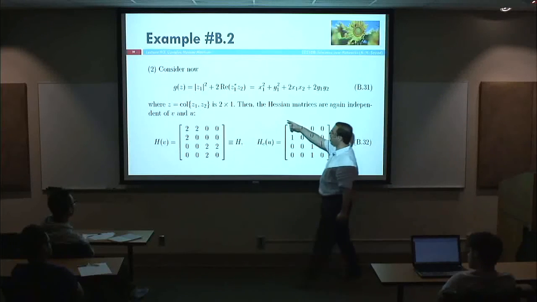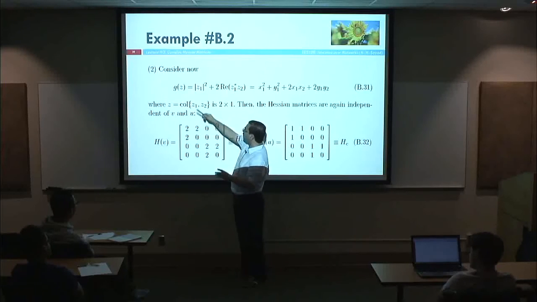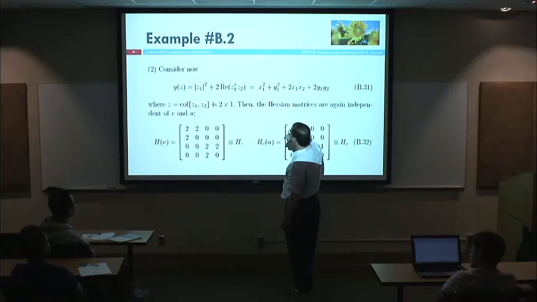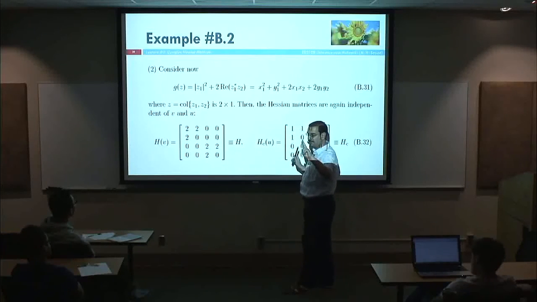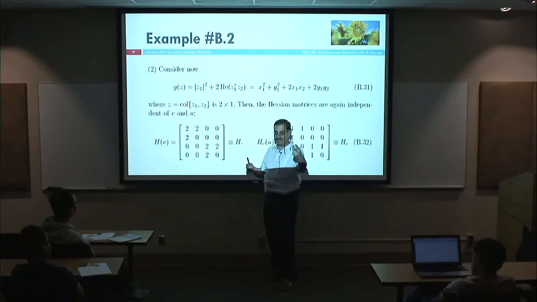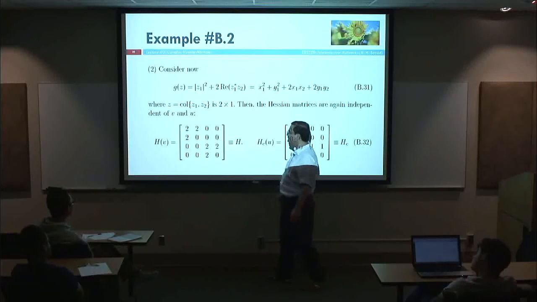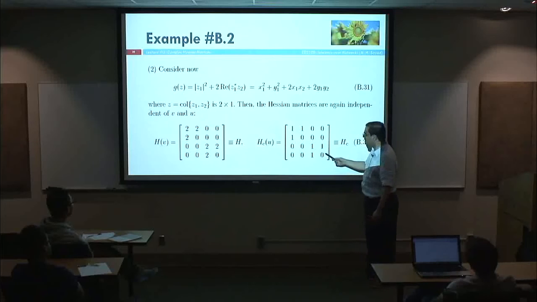This is another example. Again, g of z is real valued. You can compute, in this case, how many complex variables do I have? So z is two-dimensional, z1, z2. So the Hessian will have to be 4 by 4. You can compute the real Hessian. You can compute the complex Hessian.